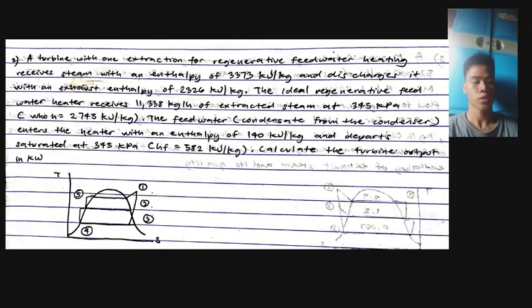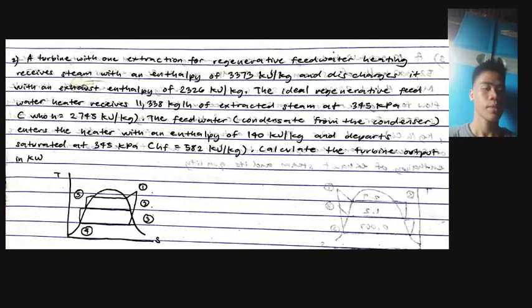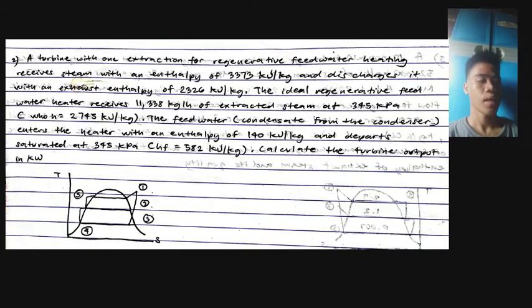Okay, next question. Number 2. A turbine with one extraction for regenerative feedwater heating receives steam with an enthalpy of 3373 kilojoules per kilogram and discharges it with an exhaust enthalpy of 2326 kilojoules per kilogram.